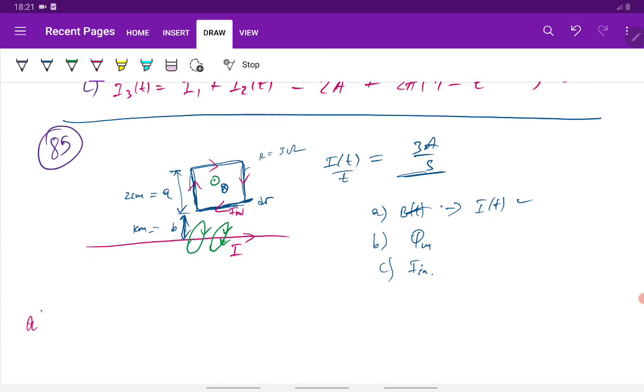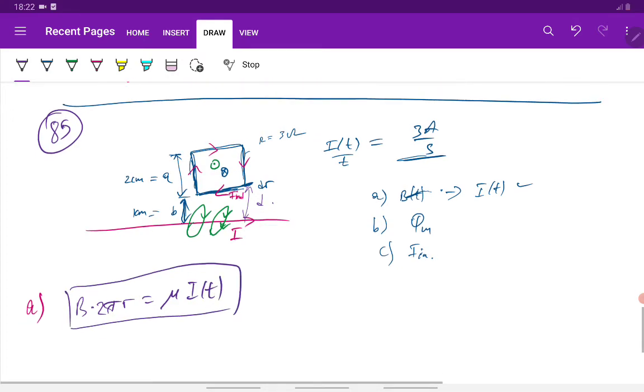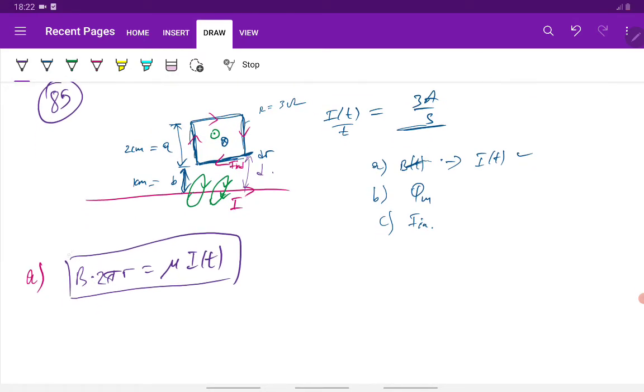So in part A, we need to find just the magnetic field as a function of this distance. Let's write it as r, and from r, it's again easy, right? Using Ampere's law, the integral of B dl around a closed path is 2 pi r B equals mu 0 I t.